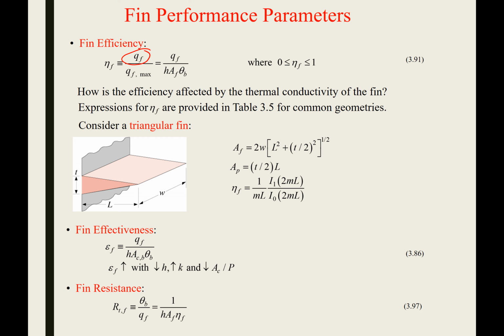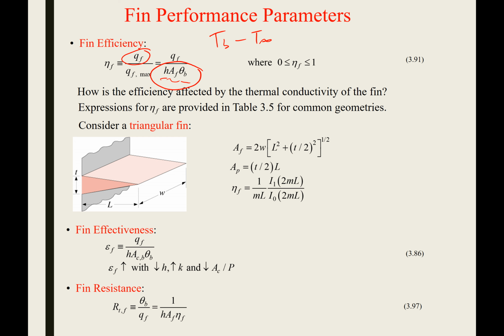This is just Newton's law of cooling, where h is the heat transfer convection coefficient, A sub f is the total surface area of the fin, and theta b is just our base temperature minus T infinity. While that equation has some things that may seem a little bit foreign, it all just comes down to Newton's law of cooling. We're going to skip over irregular shaped fins, we won't deal much with those.